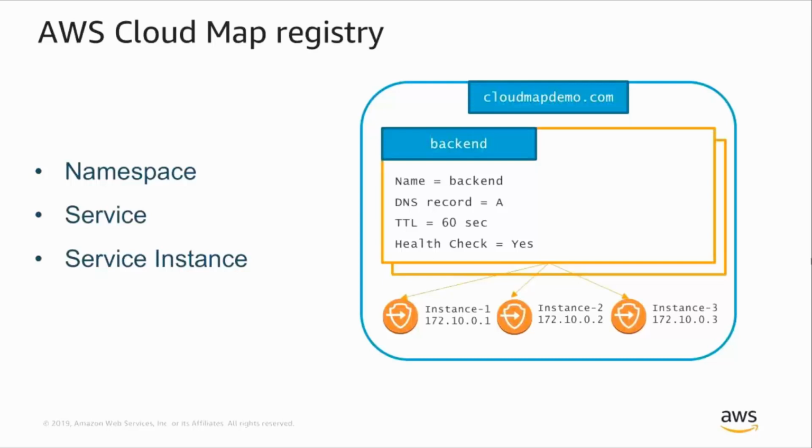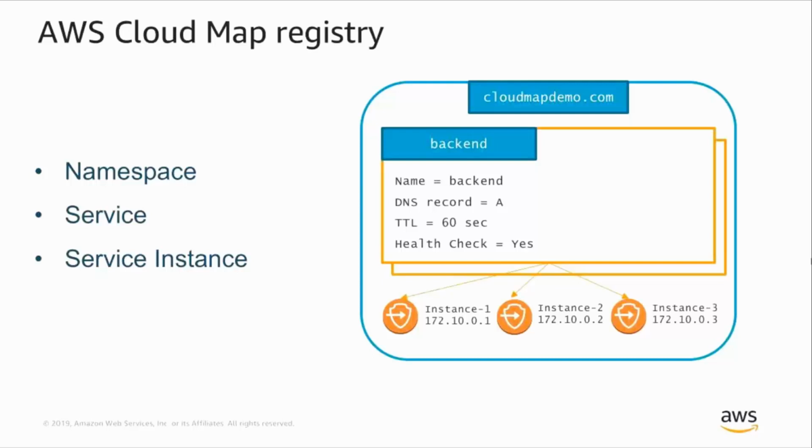And in our world, services are things that can run on multiple instances, common code that executes the same common workload. And service instances are the actual resources that you run your workloads on. Things like your ECS tasks, or that can be your RDS databases.